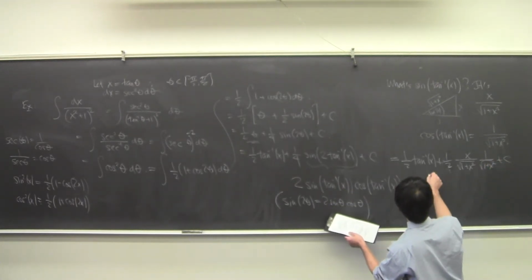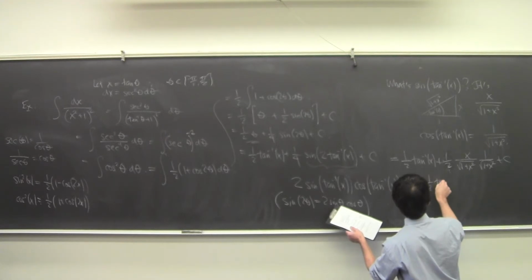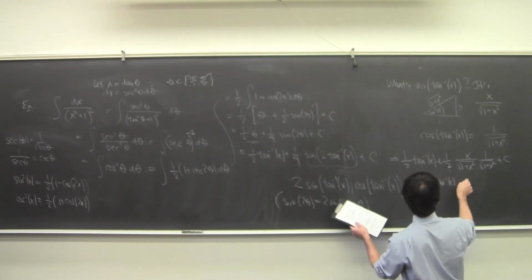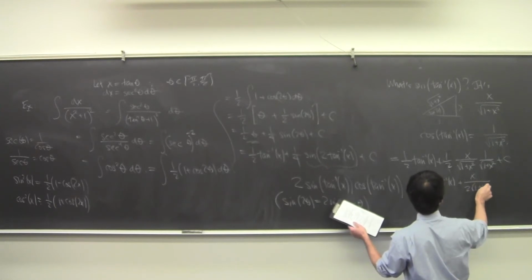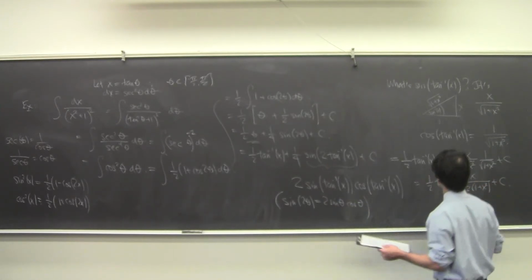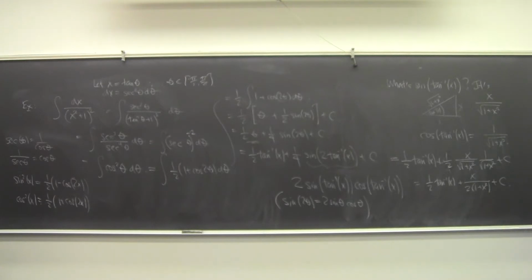In other words, you get 1/2 tan inverse x plus x over 2 times 1 plus x squared, plus c. And now you are done. That's about as far as you can go in making it simple.